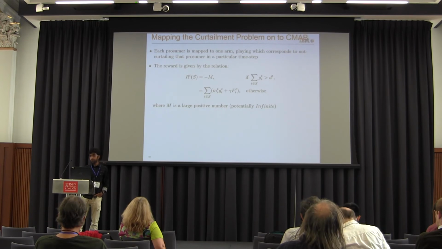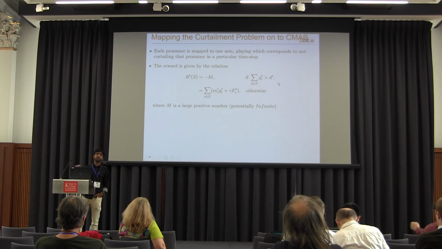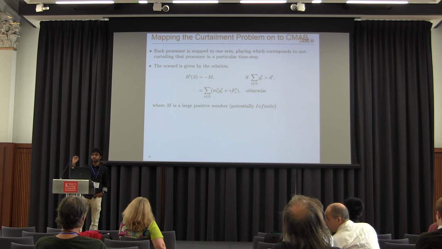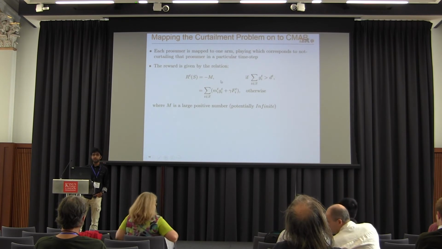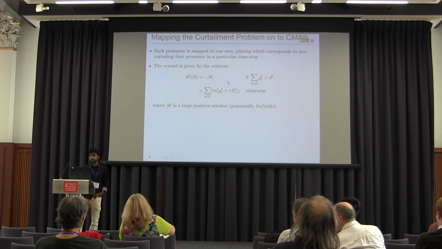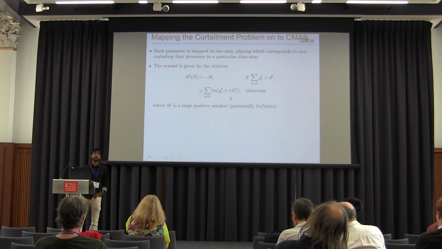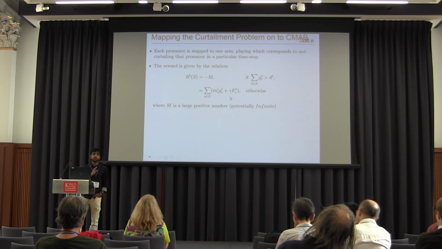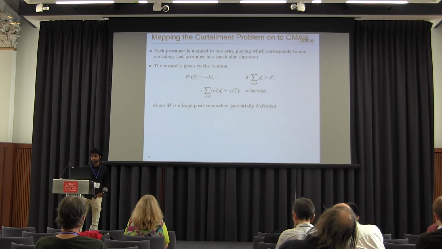If the total estimated generation for that subset of prosumers exceeds d_t, then there is a chance that the total collected energy might exceed d_t, the energy intake capacity given by the utility. In that case the reward is minus M, where M is a very large number, potentially infinite, and otherwise it is just the cost function of our optimization formulation.